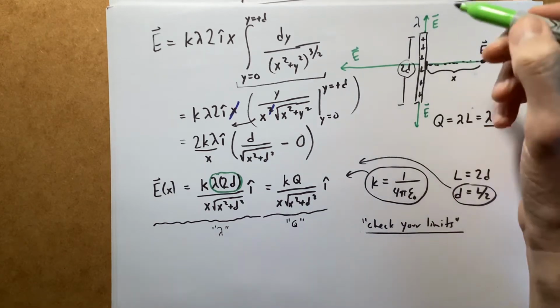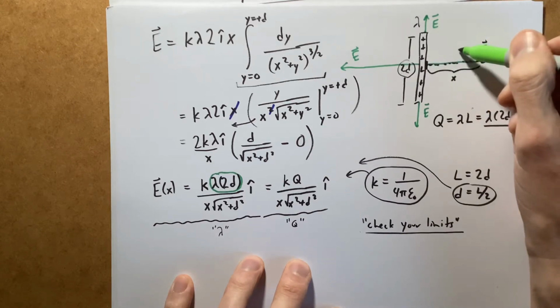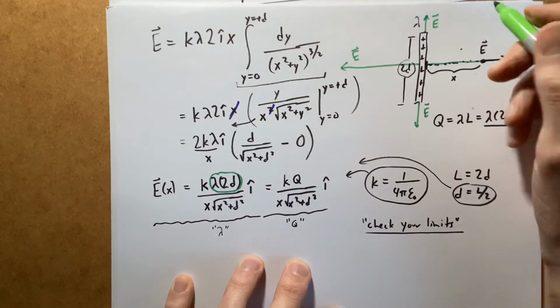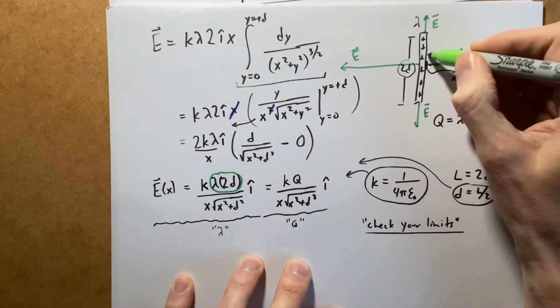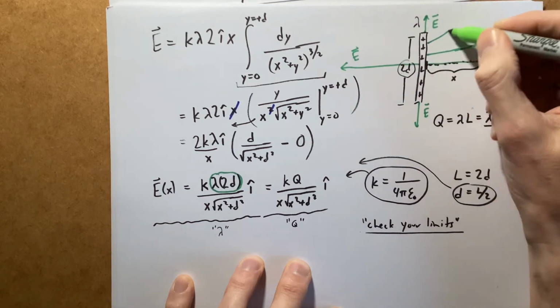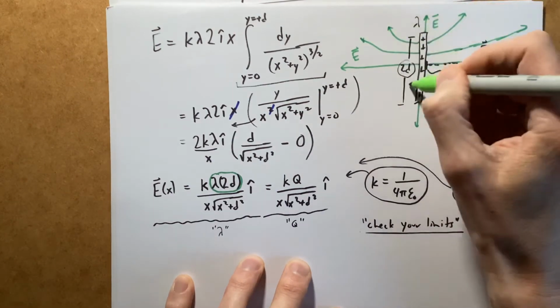As far as in between, if you look somewhere over here, you'd have a little bit more charge below than above, so it would have a little bit of a plus y component. So it might start to look something like this, and slowly transition into what you have over here. So it sort of does something like this.